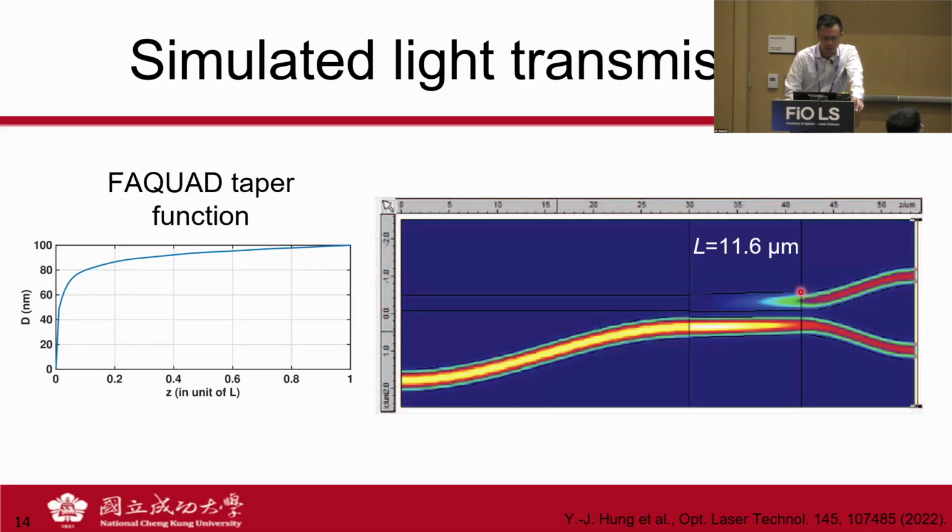And as you can see, it's very efficient. We can actually get very efficient mode evolution in 11.6 microns, which is typically more than 70 microns if we use a linear taper design.